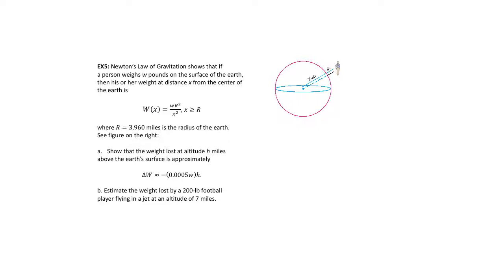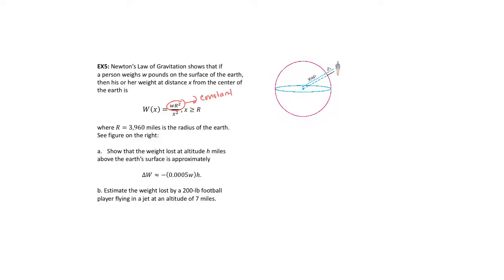I also want you to notice that r is the radius of the earth. This is a constant right here. Let me point that out by writing it down. This right here is a constant.